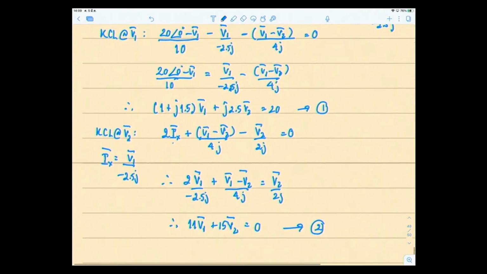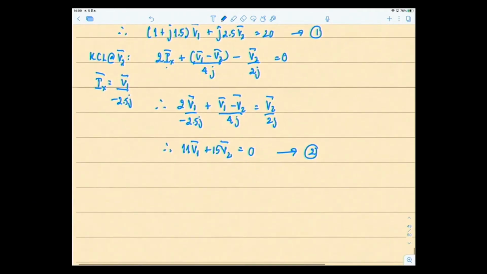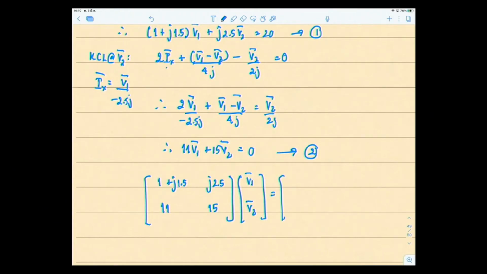So to do this, I set it up in Cramer's rule in the matrix form. I would have the coefficient matrix, 1 plus j1.5, j2.5, 11, 15, times V1, V2, equal to 20 and 0.